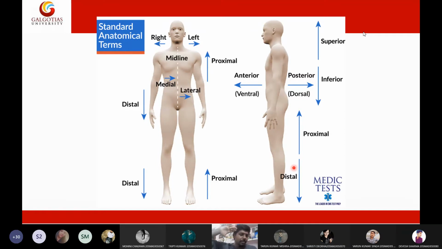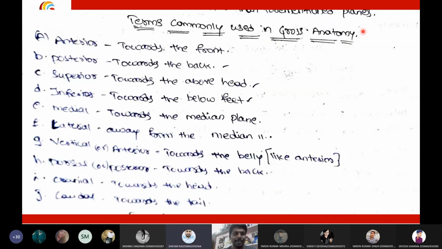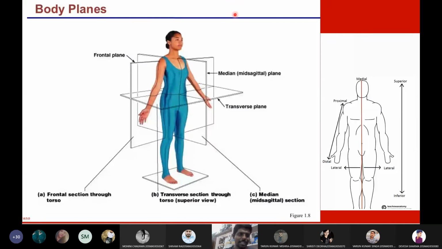If I'm cutting from my head, from the center of my body, like this until the bottom, making the body into two halves like this, that plane is called the frontal plane.